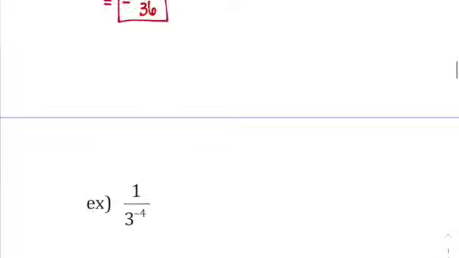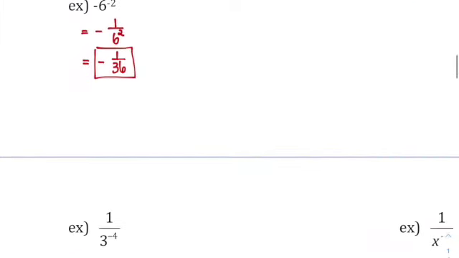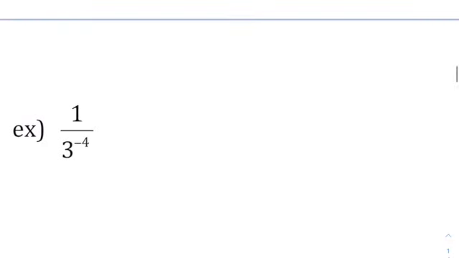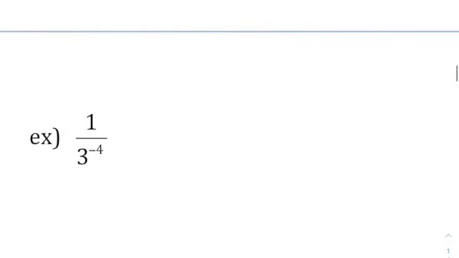Now, because we've done all the things from the numerator flipping to the denominator, I want to show you one that's actually in the denominator flipping to the top. I told you guys if it's on the top, it flips to the bottom, and if it's on the bottom, it flips to the top. That means that negative 4, that negative sign tells you to flip.